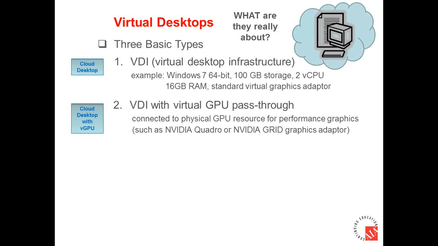Typically, because NVIDIA leads the world in terms of the highest and best technology for graphics adapters and video, if you go with a vGPU solution, whether it's home-brewed in your office or through a provider, most typically you're going to be using an NVIDIA Quadro class business-class video card, or let's say an NVIDIA Grid.